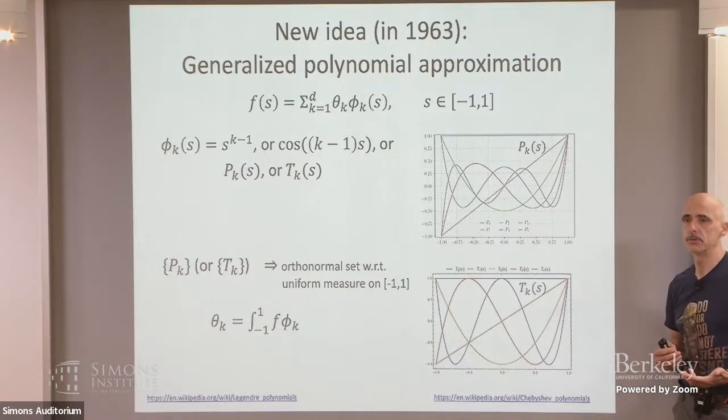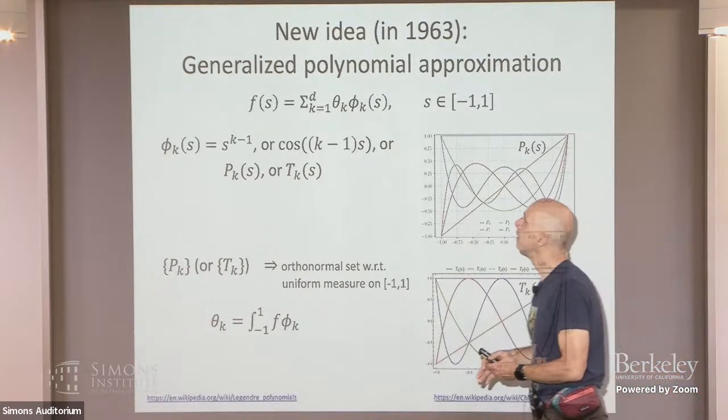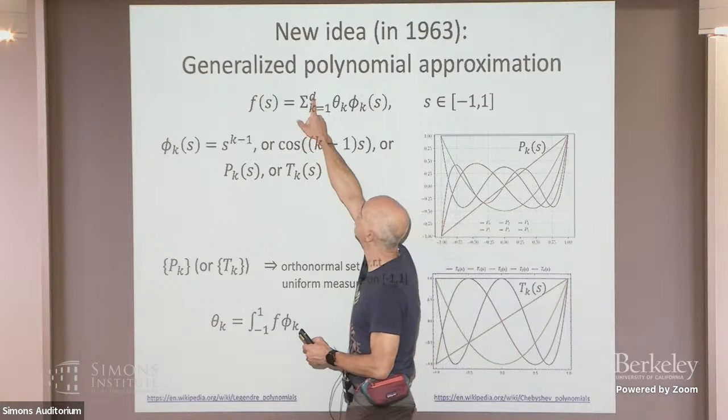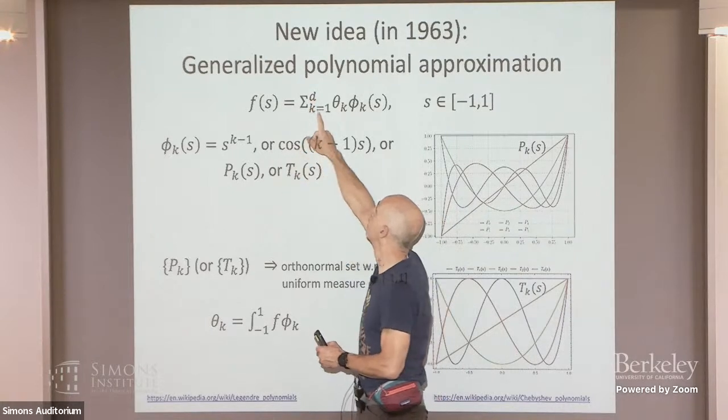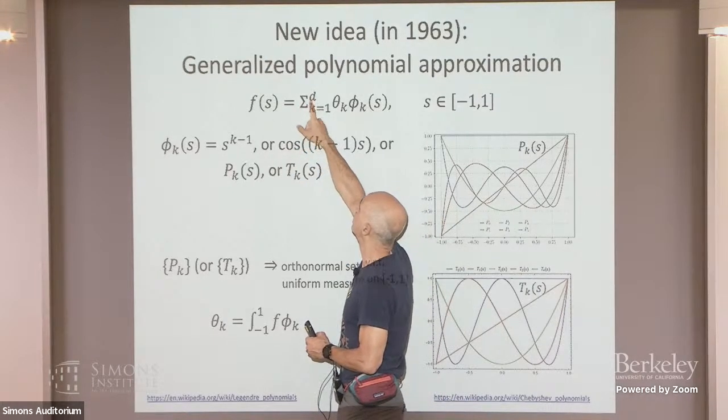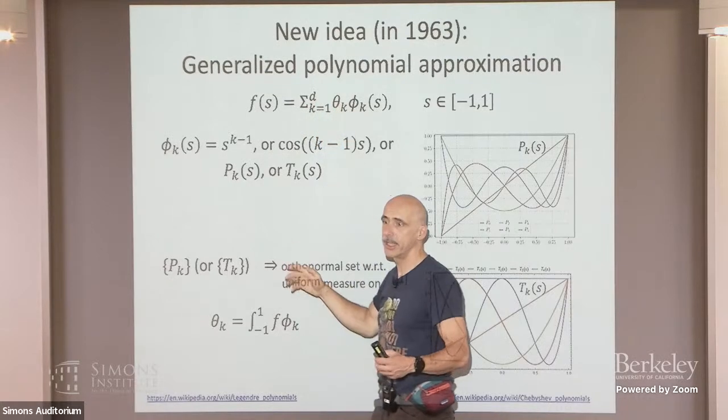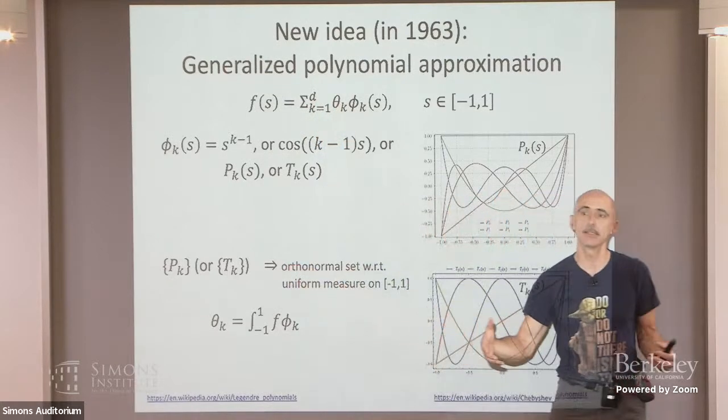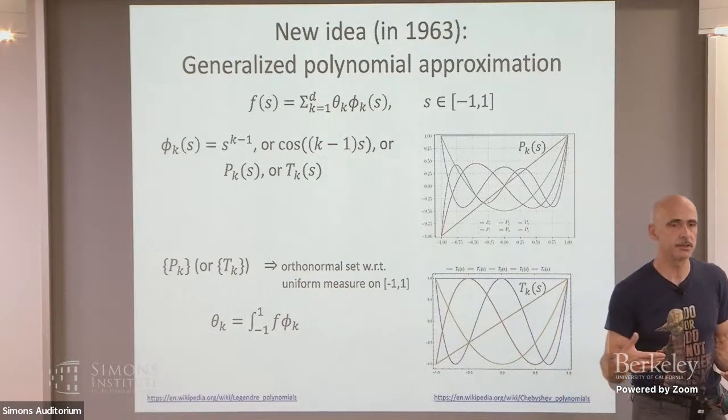So what does this do? What's the new idea here? Well, okay, this shouldn't be D. That's a different D. The new idea is that we are decoupling the dimensionality of the state space from how many basis functions we are using.